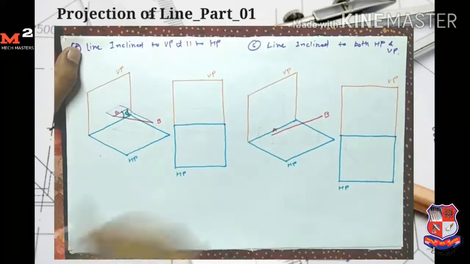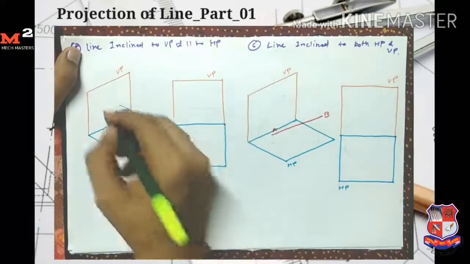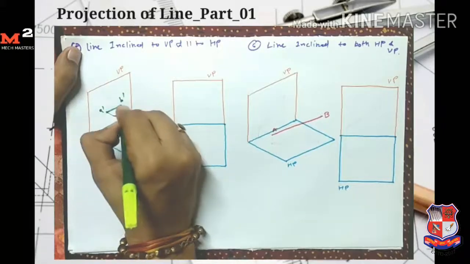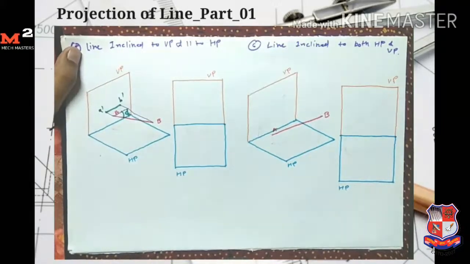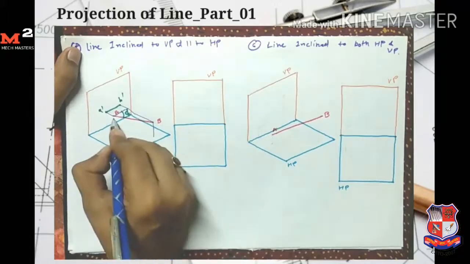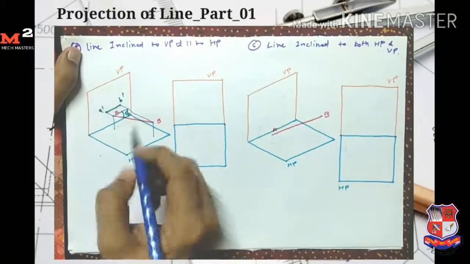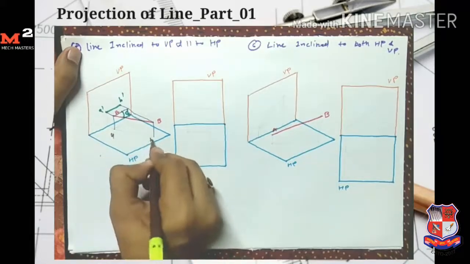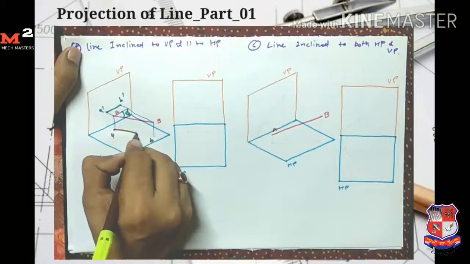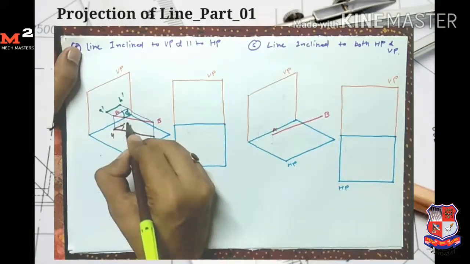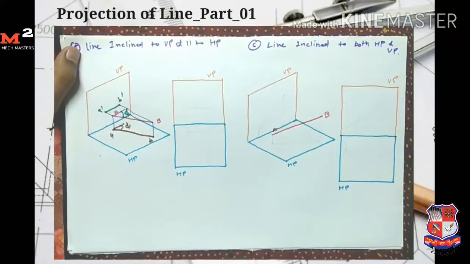So I get its front view, A dash here and B dash here. To get its top view, I take the projection on the horizontal plane. So I get point A here and point B here, and here I get its top view. Here this angle is phi, which the line makes with the vertical.